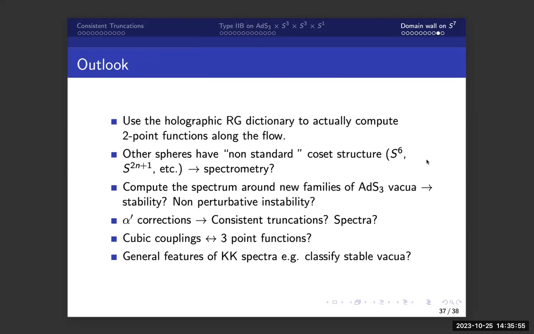So now I'll just talk about some outlook. Here I wrote 3-point functions, regarding what we were discussing a second ago. But in general, doing endpoint functions conceptually is not any different from 2-point functions in this context, because when you do the KK fluctuation ansatz, you just expand to a higher order and keep higher orders in the fluctuation expansion.